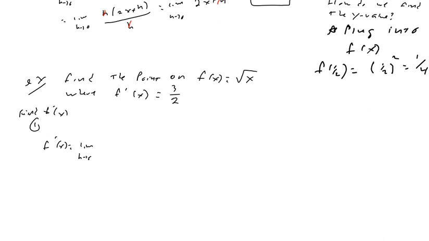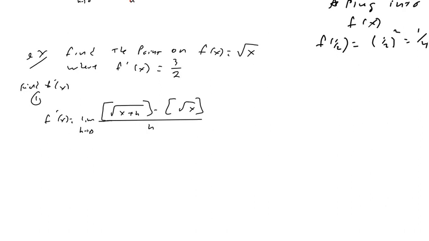Our first block is square root of x plus h, minus the second half, square root of x, over h. Oh, look at that straight line. Beautiful, everyone. 1,000 points for me for drawing such a great straight line.